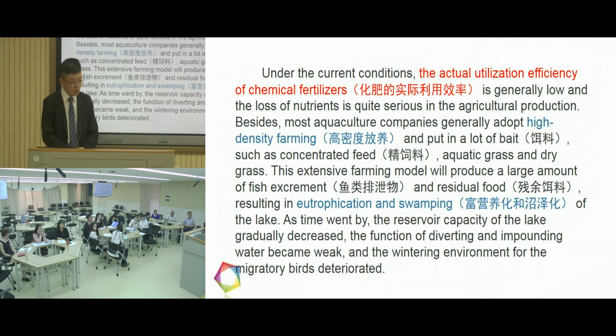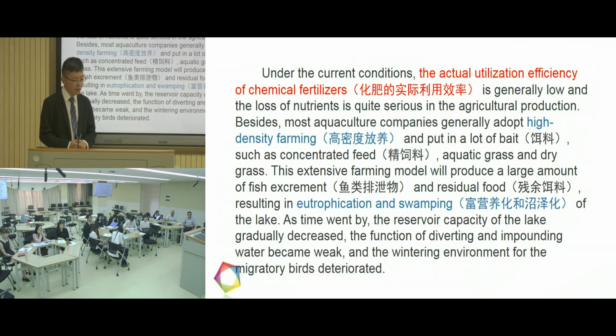Besides, most agriculture companies generally adopt high-density farming and put in a lot of biota, such as concentrated feeds, aquatic grass, and dry grass. This extensive farming model will produce a large amount of fresh excrement and residual food, resulting in eutrophication and swamping of the lake.